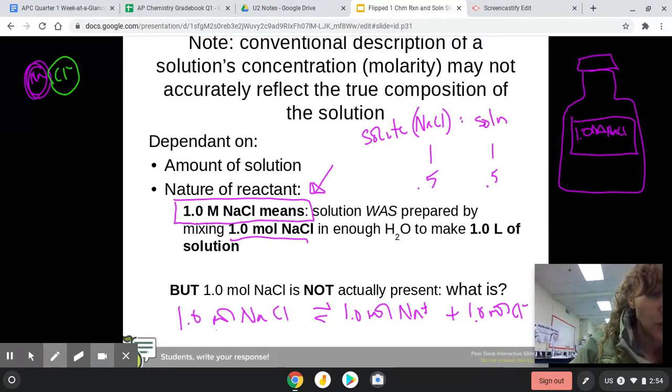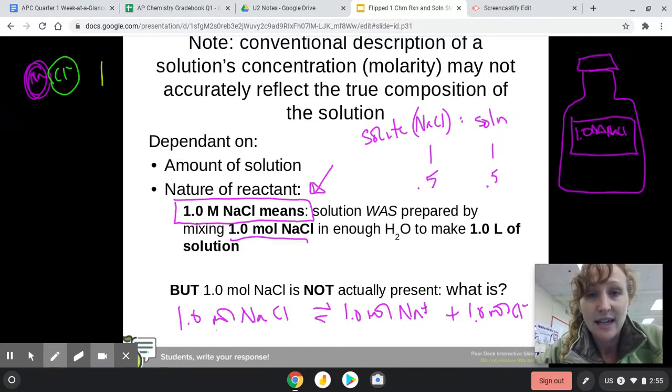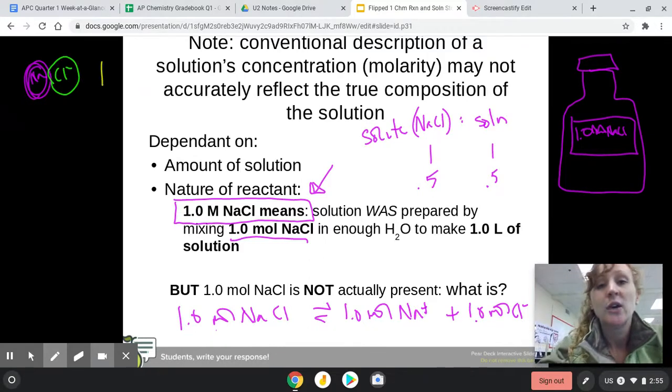So if I count these particles right now, what I have is 1 NaCl. Or if I'm talking about a macroscopic thing that I just weighed out, we can multiply this by Avogadro's number, and we can say that we have 1 mole of NaCl.